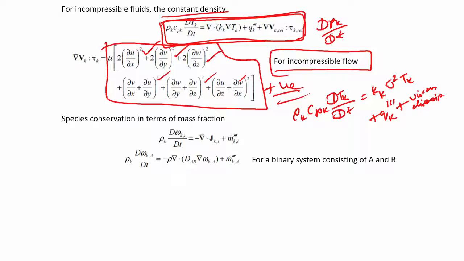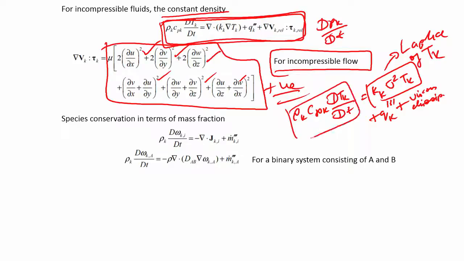Got it? Okay. So, now this is basically nothing but the Laplace of temperature Tk, correct. This is the convective derivative once again. Heat generation term, in many cases it can be equal to 0, and then the viscous dissipation term in many cases can also be equal to 0, right.